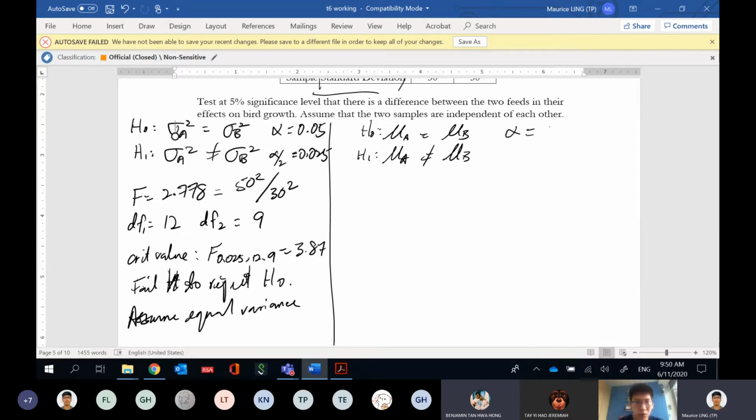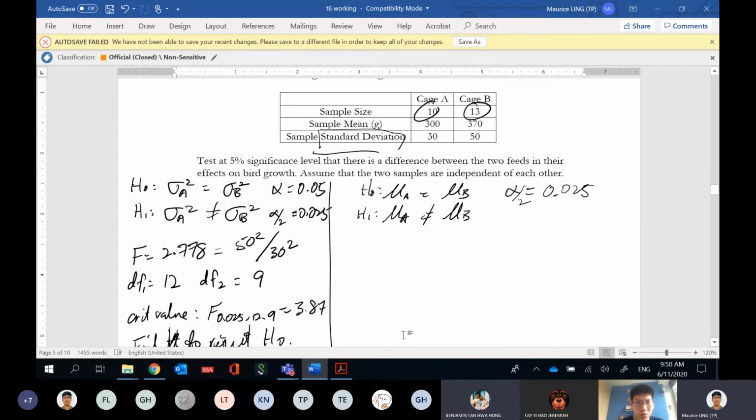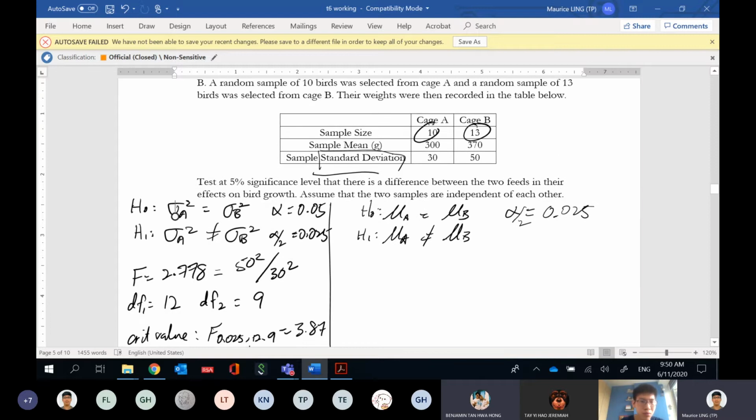So I divide by 2, so it'll be 0.025. Okay, good. Then in this case, what is your degrees of freedom first? 21. Correct. So it's 10 plus 13 minus 2 equals 21.